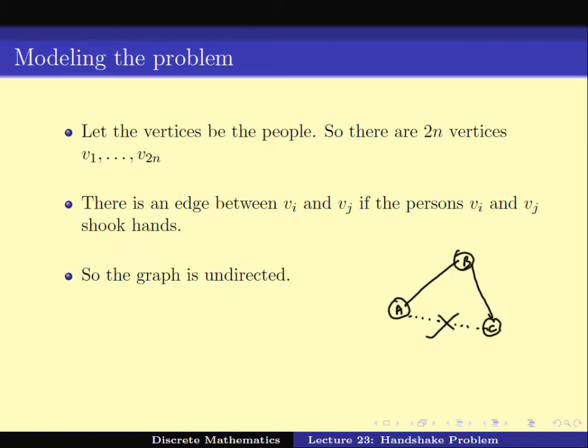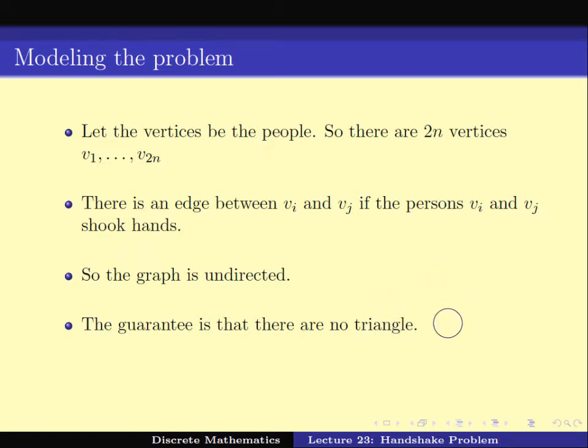So in other words, we call this kind of thing a triangle. So the guarantee should be that the graph does not have a triangle. So there is no triangle in the graph.